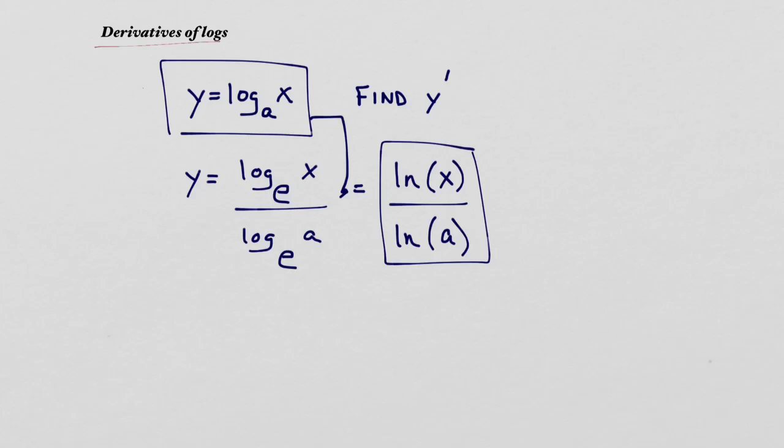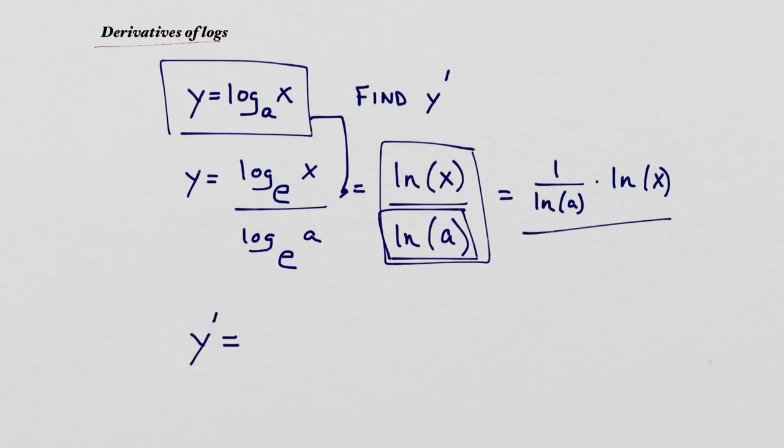So there are 2 ways to do this. We could do the quotient rule, but that would be a little bit more involved than it needs to be. We should take note of the fact that ln of a, the natural log of a, is a constant. So I can just write this as 1 over the natural log of a, which is, again, a constant, times natural log of x, and differentiate this.